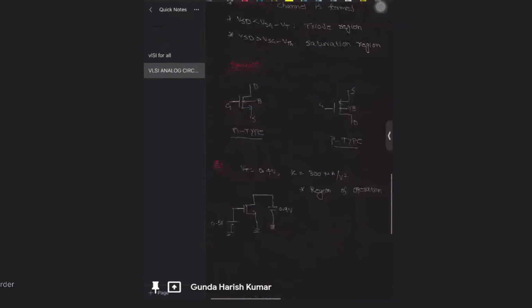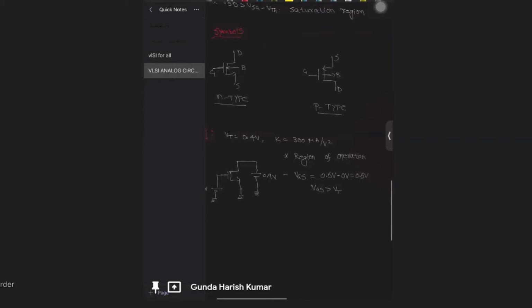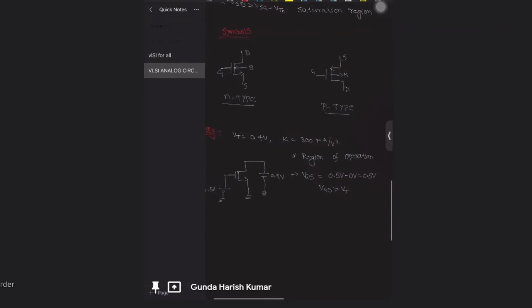So according to our conditions, VGS is less than VT means no channel. So VGS is, gate is 0.5 volts, source is 0 volts, so it is 0.5, which is greater than VT. VGS is greater than VT, so it is not cut off. It may be in triode or saturation. Cut off is eliminated.